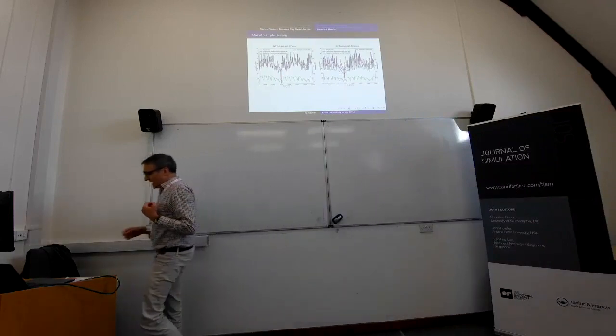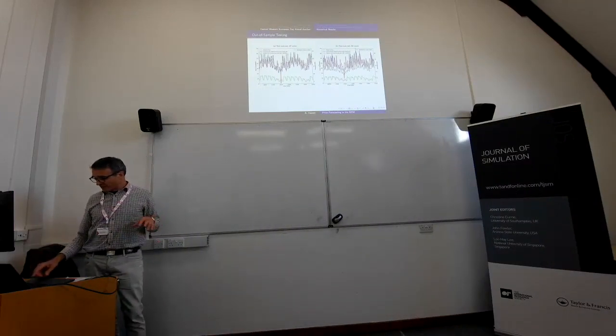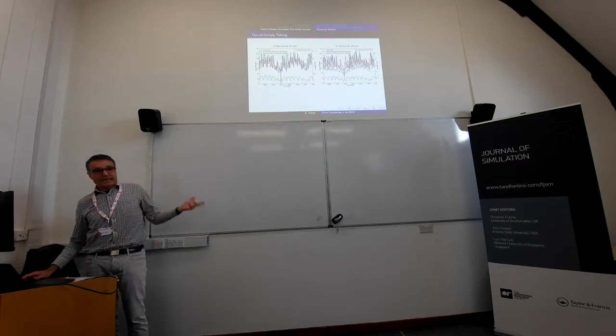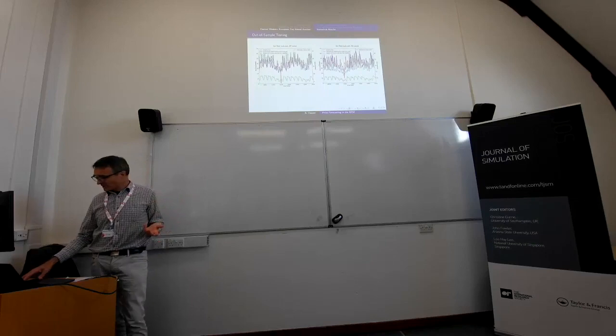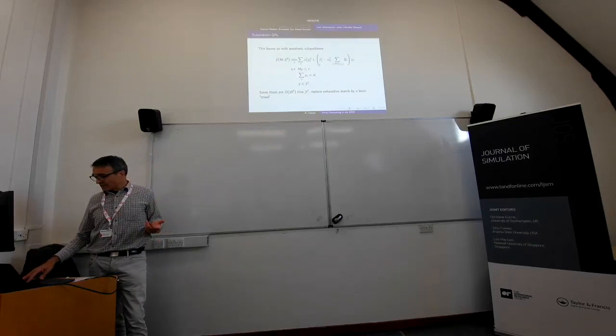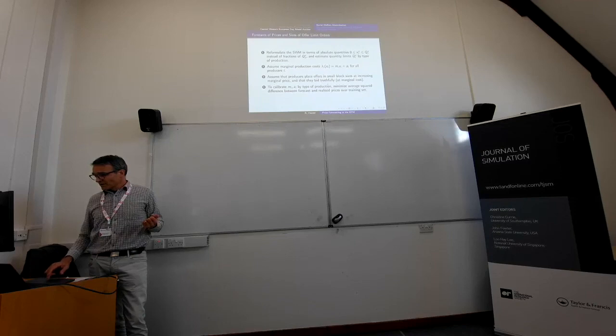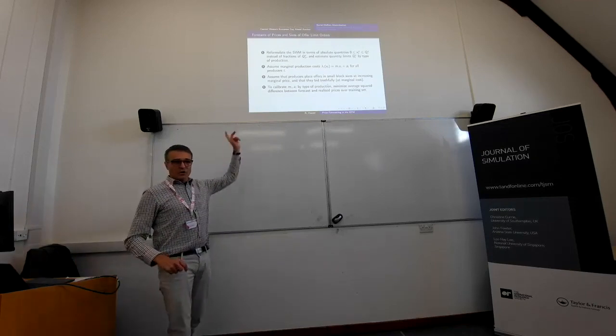I mean, obviously you can see that the blue price doesn't match the red price exactly, so we had to make some assumptions. The assumption that we had to make is that there's a specific form of the marginal cost.